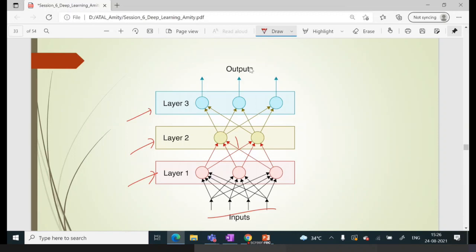Now if you are standing somewhere here, you won't be able to see this layer. Therefore it's called a hidden layer. So if I give names, this is your input layer where the input will be processed. This is the hidden layer because from above you won't be able to see this.